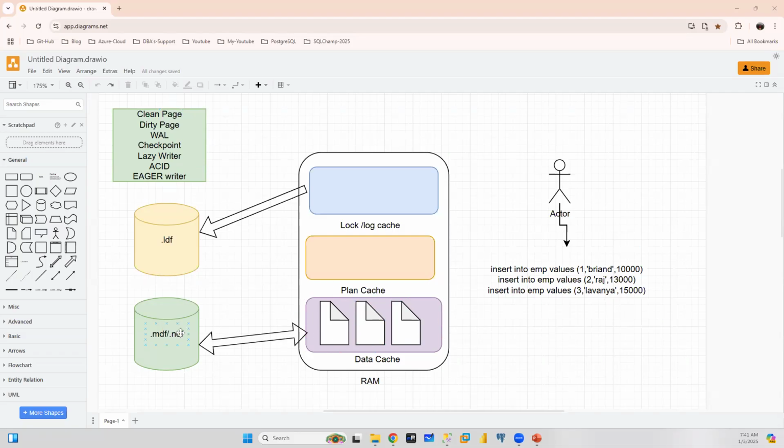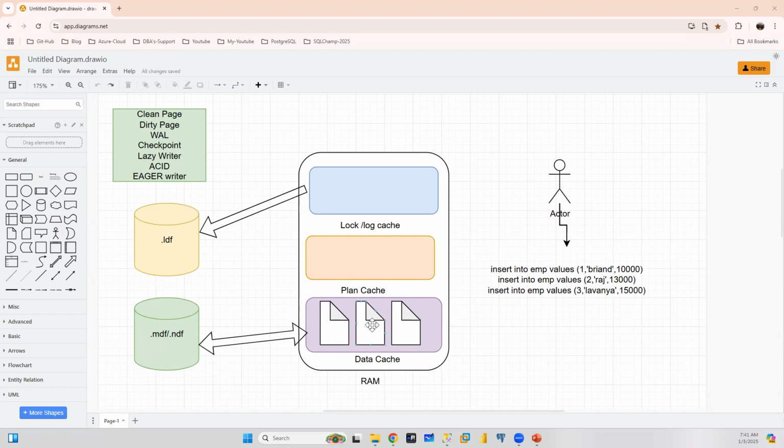Checkpoint never flushes the pages; it just moves the data. Once the data has been moved to the MDF file, these pages convert back to clean pages.